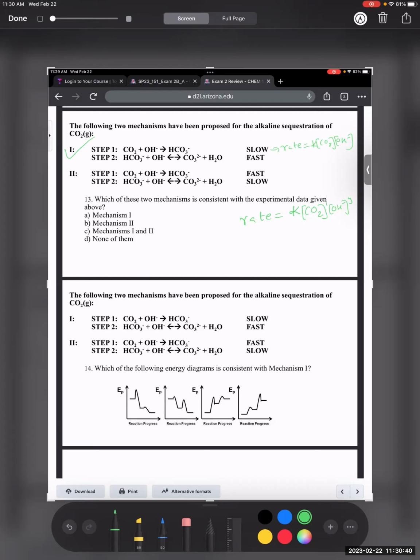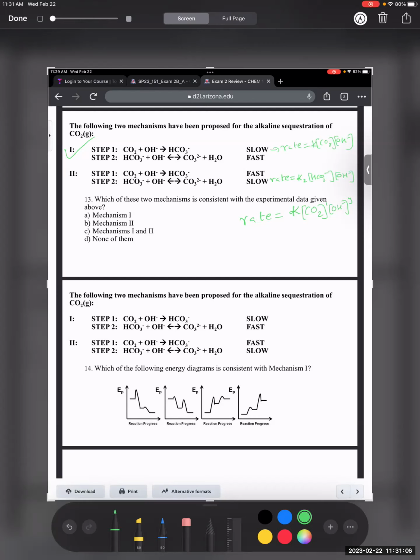And for mechanism 2, the rate of the overall reaction depends on the slower step, which is going to be the second one. Therefore, the rate law must be rate is equal to K2 times HCO3 minus concentration times OH minus concentration.